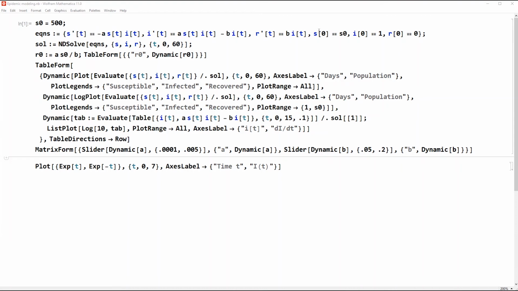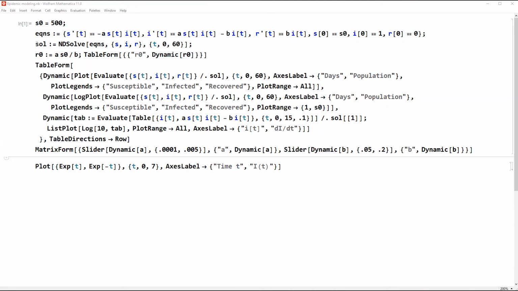And the initial conditions are that at t equals 0, the initial population is S0, which is 500. The initial number of infected persons is 1, and the initial number of recovered people is 0.